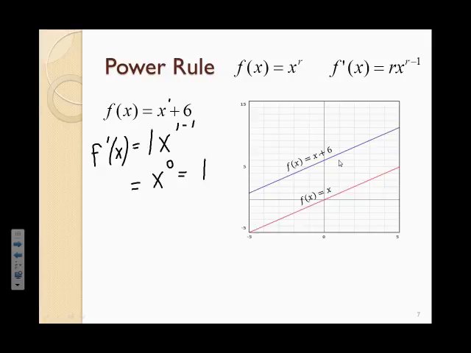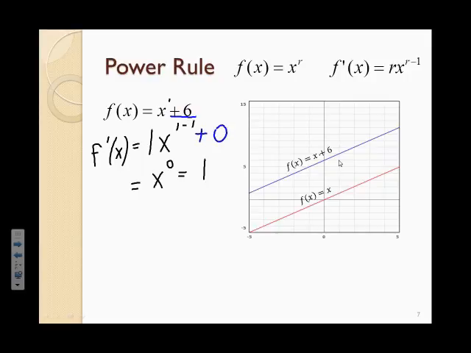Now you say, well, Greg, you just took this x to the first and you ignored the 6. Why did you do that? Well, when you take the derivative of a constant, of just a number with no x's, the derivative of any constant, whatever it may be, is simply 0.